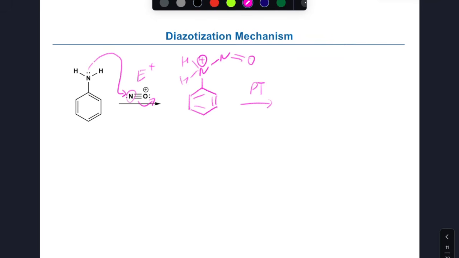After a proton transfer, what we're going to do is just lose the proton from the positively charged center to get us back to a neutral compound like this. Now, if you look closely, what we have here is a hydrogen and almost like a carbonyl. So that's almost like an enol. You can kind of think of it.